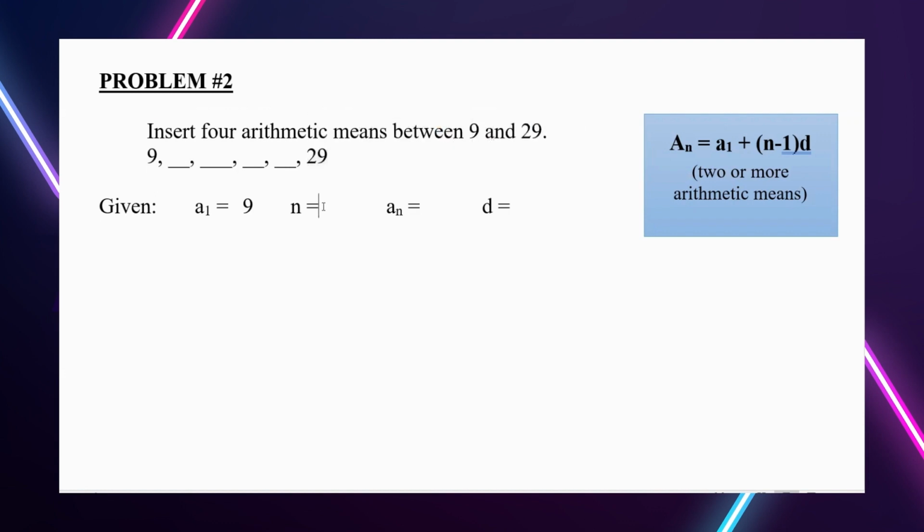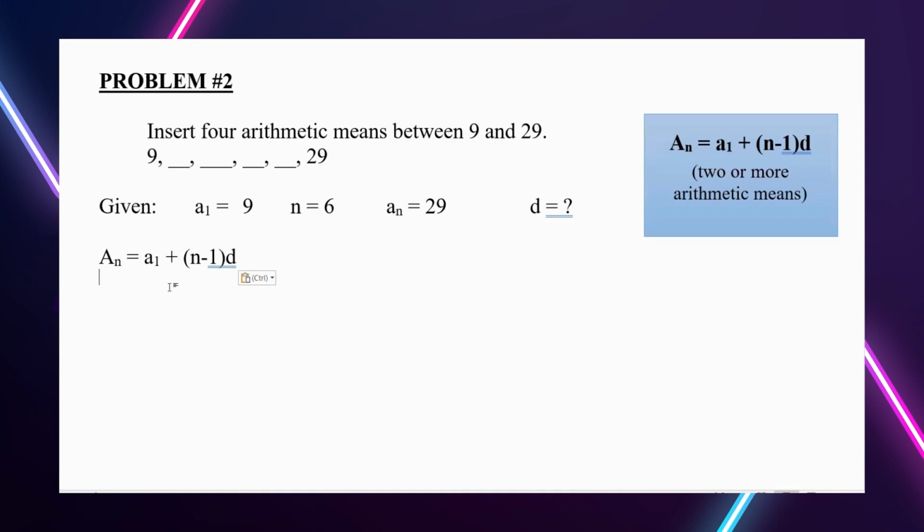So therefore, there are 6 terms. A sub n is the last term, which is 29. And the common difference is unknown, which is yun ang ating unang hahanapin using the formula a sub n is equal to a sub 1 plus n minus 1 times d.